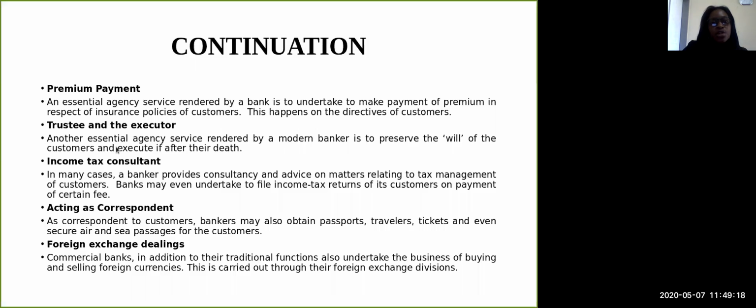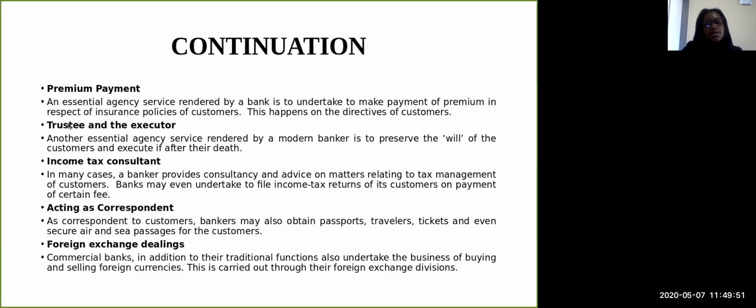It's another essential agency function which is performed by the commercial bank. Here the bank preserves the will of the customers and executes it after their death.